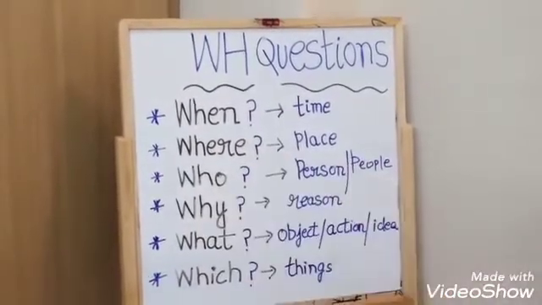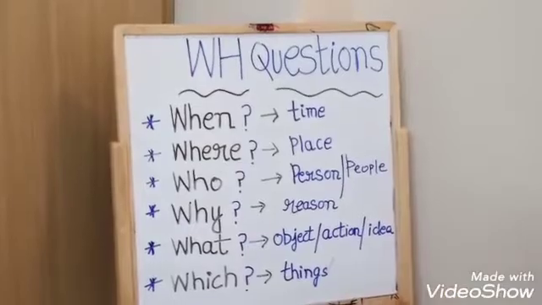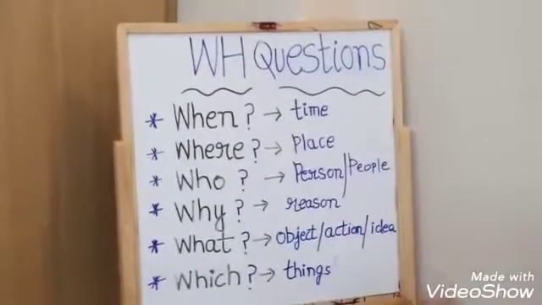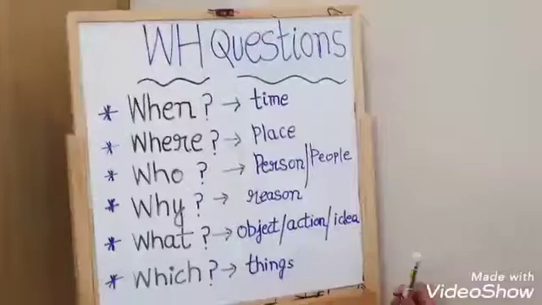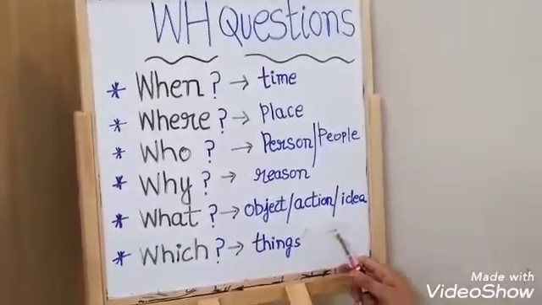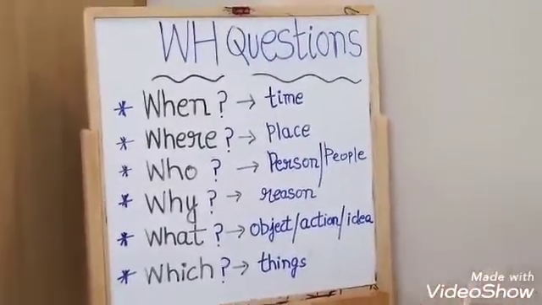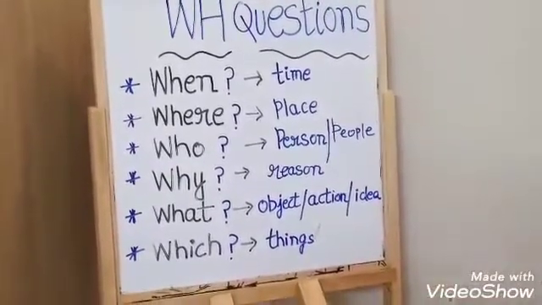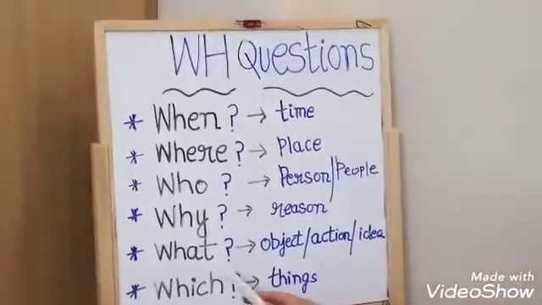Next, let us see the action. So when we want to know about what is happening, or we want to know about a specific thing that is happening, we use what.